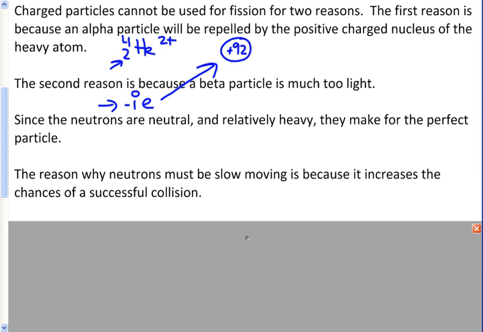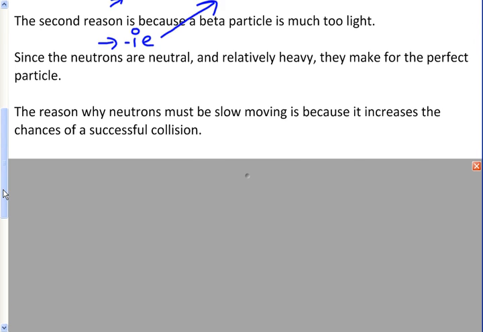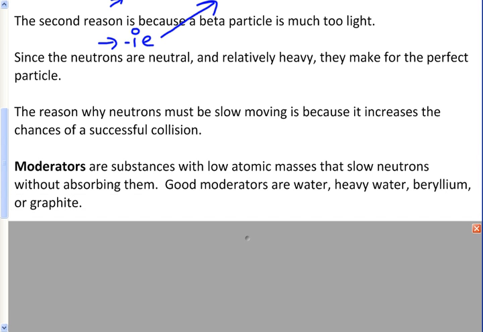The reason why neutrons must be slow-moving is because it increases the chances of a successful collision. Tough word to say sometimes. If the neutron is moving too quickly, then the chances of a successful collision go down quite a bit. If it's moving slowly, then we just have a better chance of fission happening.